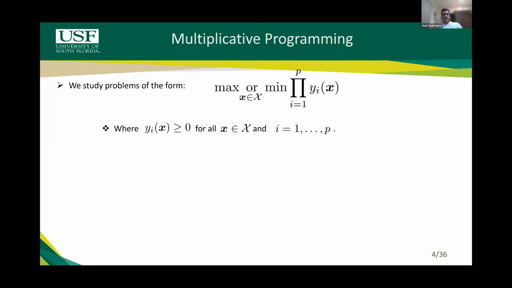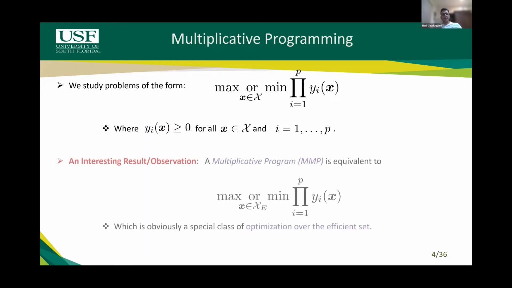It turns out that if you want to solve this problem, this is obviously single objective optimization, but at the same time, this problem is equivalent to solving this optimization over the efficient set problem. So you're trying to maximize or minimize the same function over the set of efficient solutions, right?